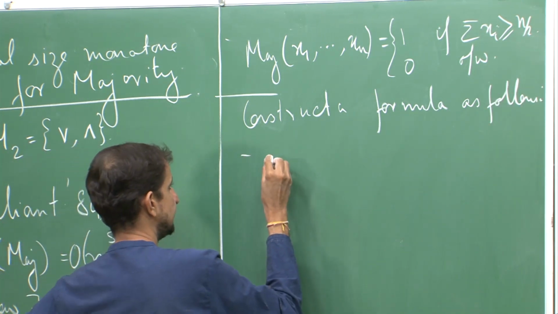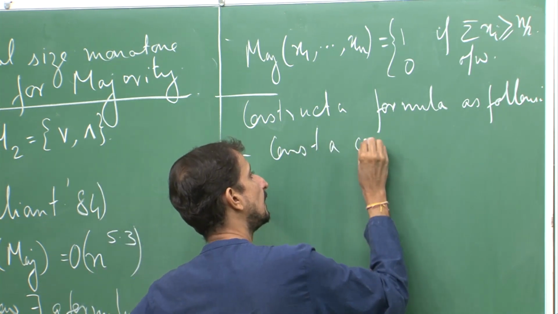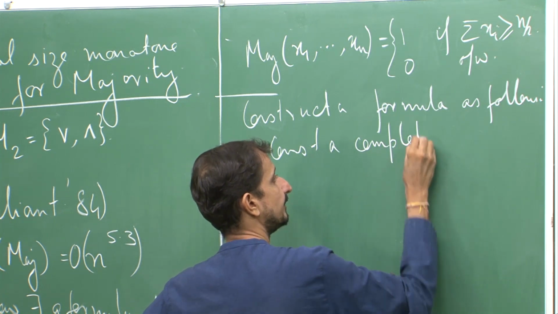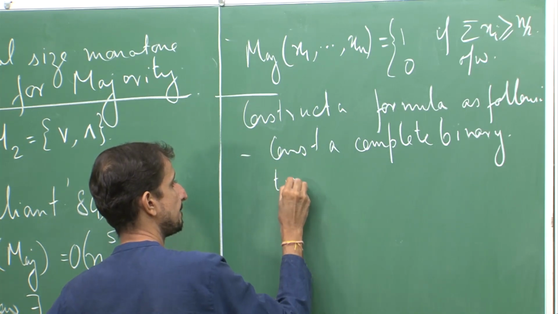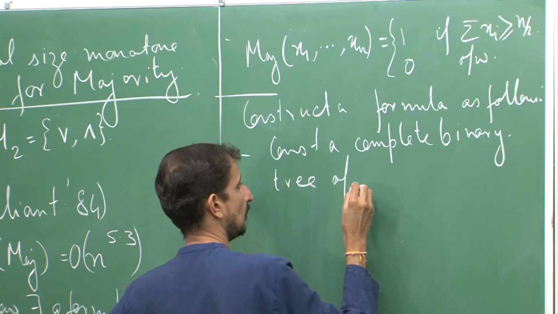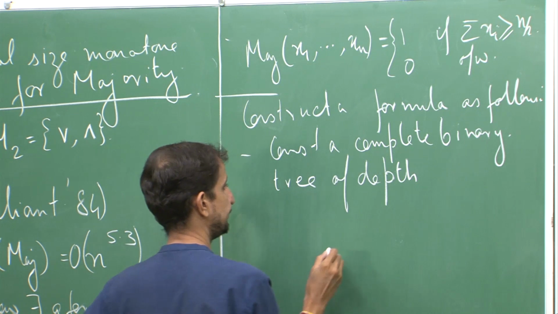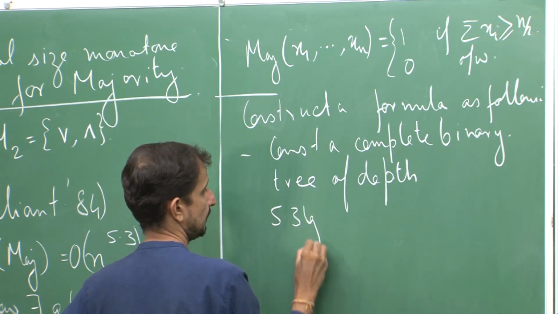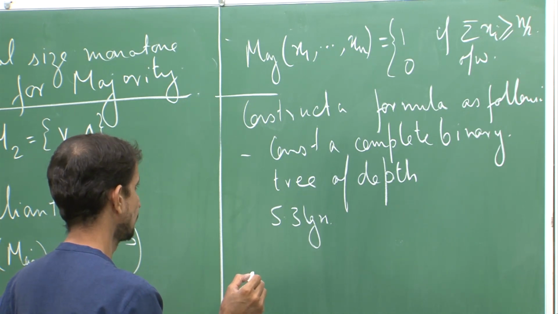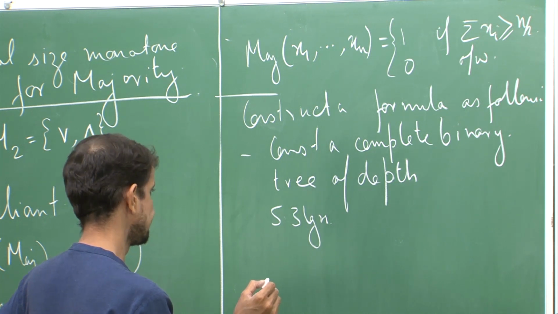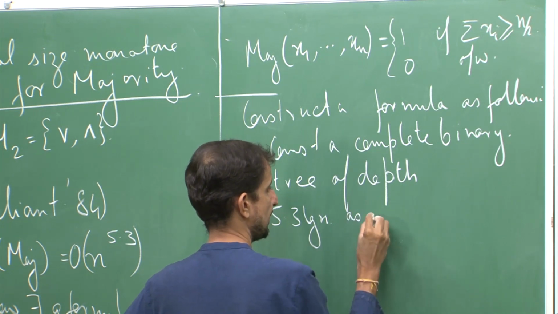First, we construct a complete binary tree of depth 5.3 log n as follows.